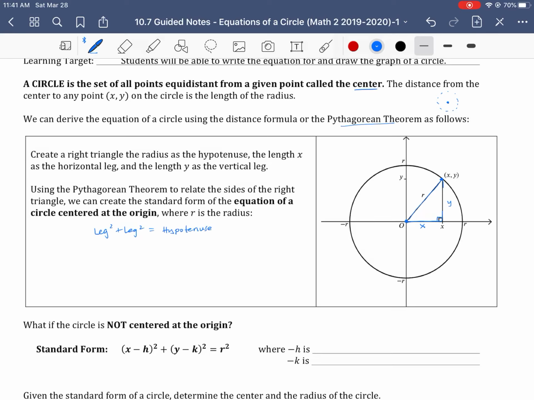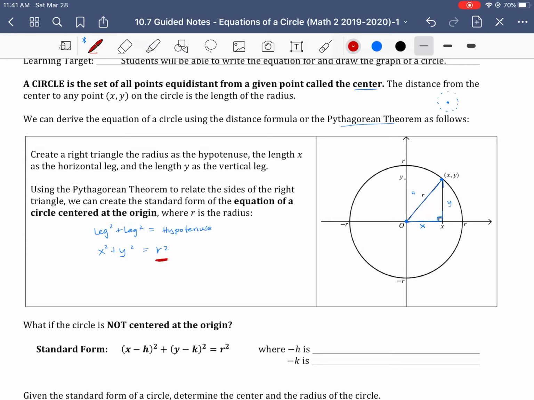There's our right angle right here, which means this is the hypotenuse. So that's x squared plus y squared equals r squared. This is the equation of a circle if the circle is centered at the origin.